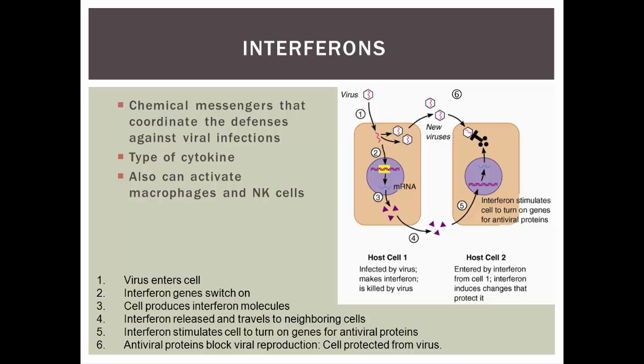Another chemical signal of our innate defense is interferon. Interferon's job is basically to defend cells from viral infections. So it's a type of cytokine. It's a chemical messenger. It can also be activated through macrophages and natural killer cells, but I want you to look at this scenario here. Let's say this cell here gets infected with a virus.